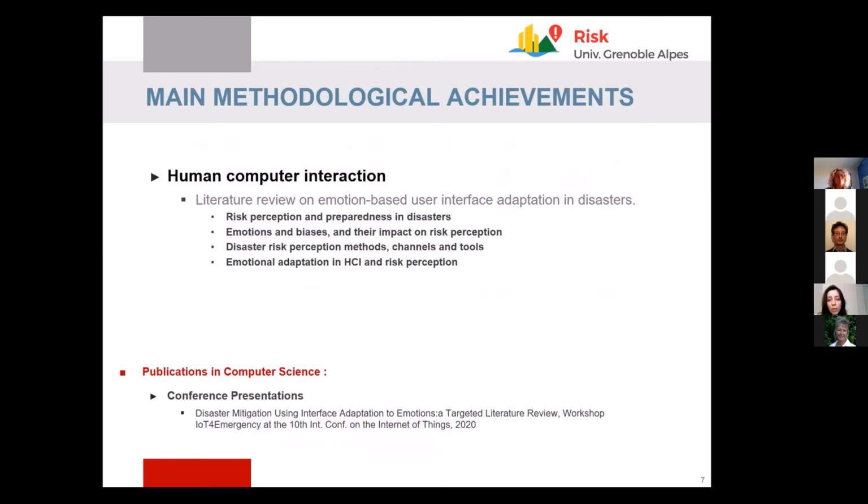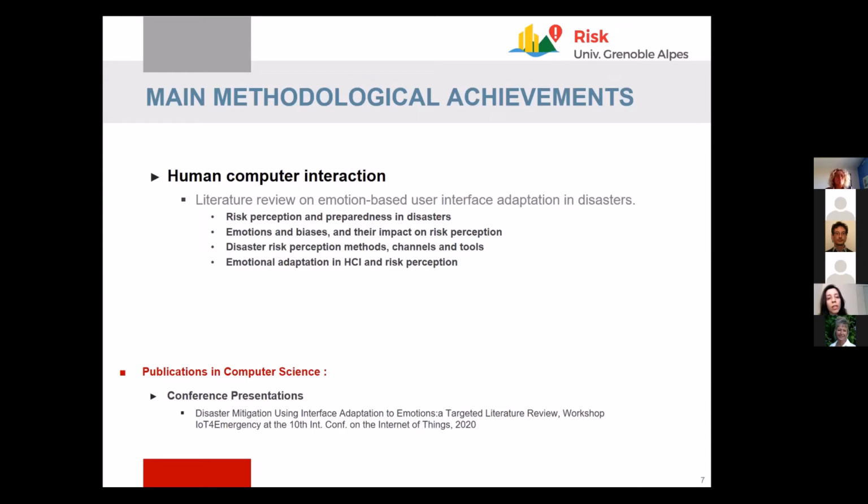We started by doing a literature review on emotion-based user interface adaptation. The first question is how endangered people perceive the disaster's risk, and what the impact is on their preparedness. What sort of emotions and biases happen when a person perceives that a risk is going to happen to them?